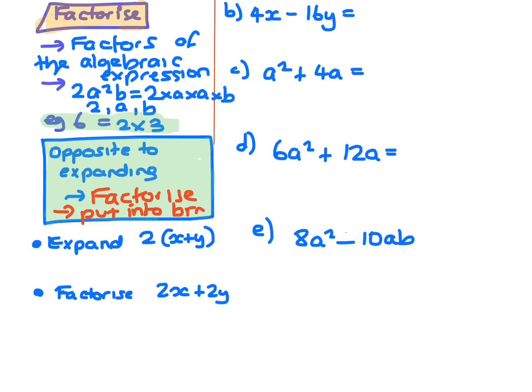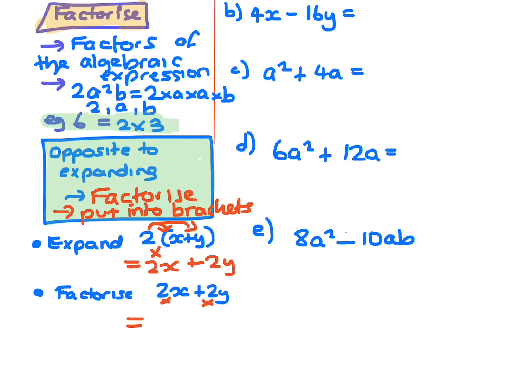Before, when we were removing the brackets, now we want to put it back into the brackets. So expanding is like 2 times x will give you 2x, and 2 times y will give you 2y. But when you're going backwards, you're looking at what will go into these numbers here.